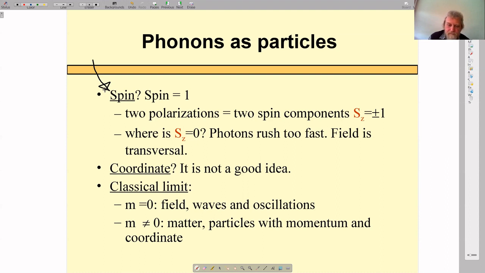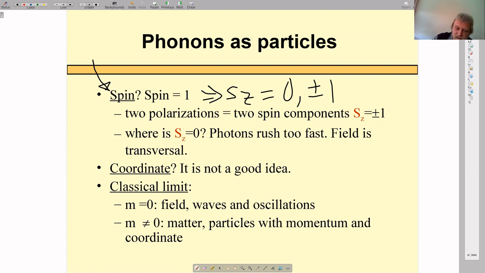About photon spin. In fact, photon spin is 1. But it seemed to be in contradiction with the fact that photons, as we know, have only 2 polarizations. For spin 1, one would normally expect 3 possible states with Z equals 0 or plus minus 1.